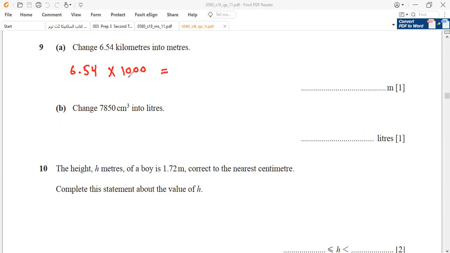By multiplying this number by 1,000, we move this decimal point here 3 times, like that, 1, 2, and 3. We can put 0 here. So the number will be 6, 5, 4, 0. 6,540 meters. Change, in part B, 7,850 centimeter cube into liters.